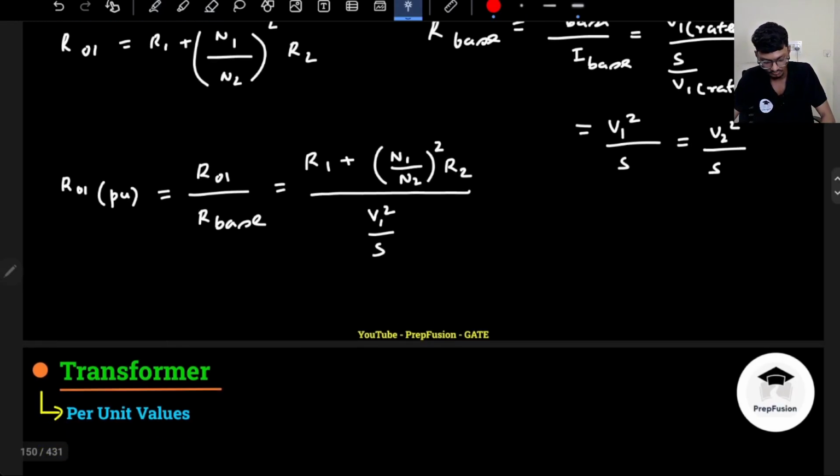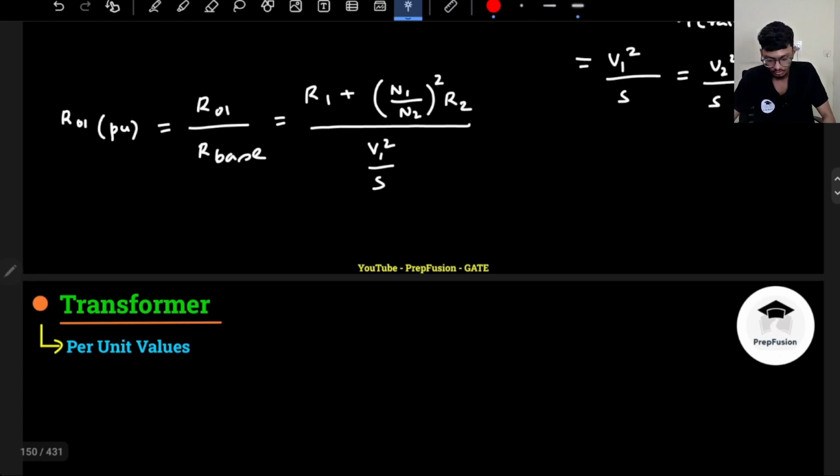So I want to convert this expression. I want to take N1 by N2 whole square common.